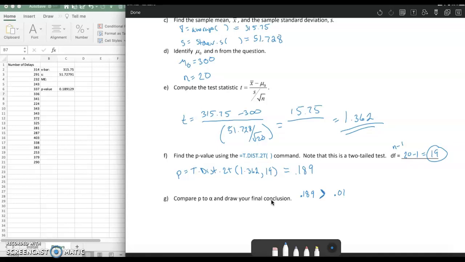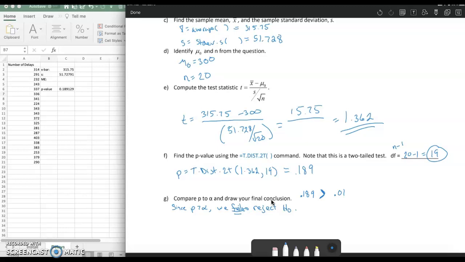So my final conclusion might be something like, since p is greater than alpha, we fail to reject the null. Larger p-value, longer sentence. So we're going to fail to reject the null.